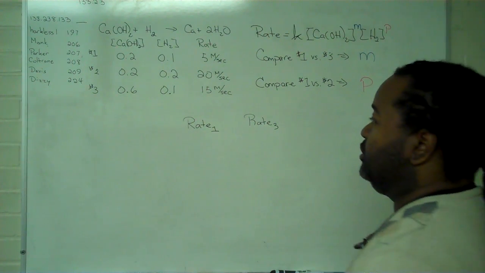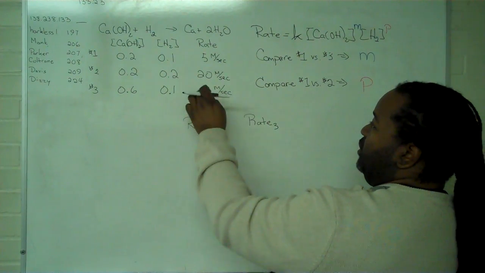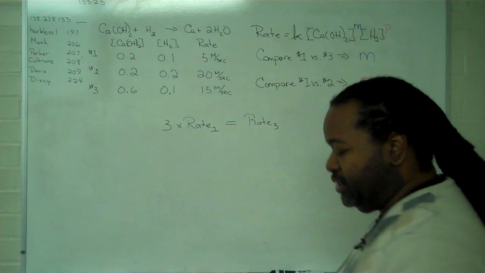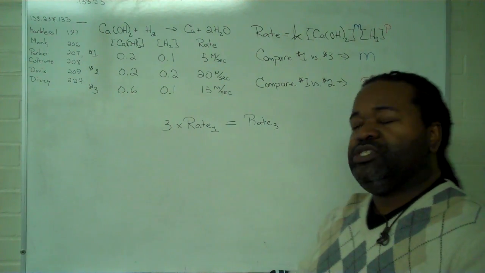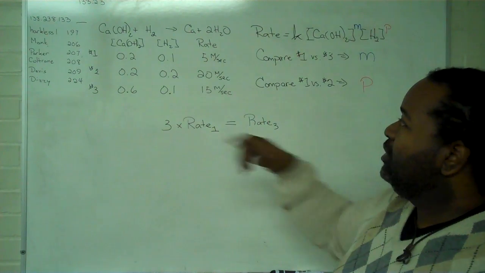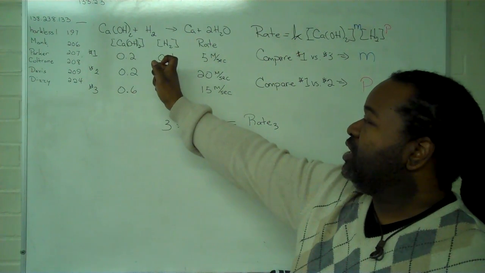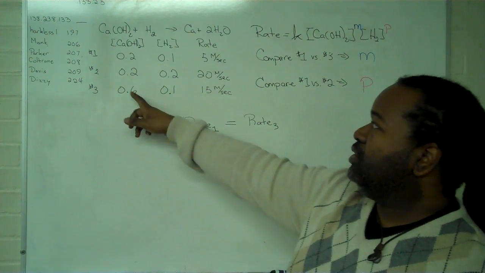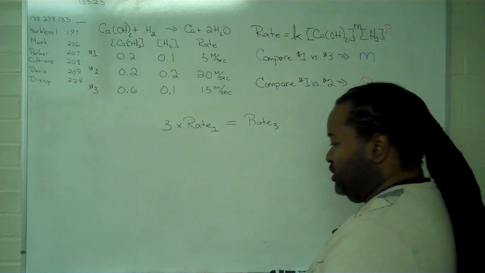They're not equal to each other, and in fact we see that if we multiply rate 1 by 3, then we have an equality. The reason we want to do it this way is that I know what I need to plug in for rate 1. I need the concentrations of calcium hydroxide and hydrogen for that. And for rate 3, I'll need those specific concentrations.